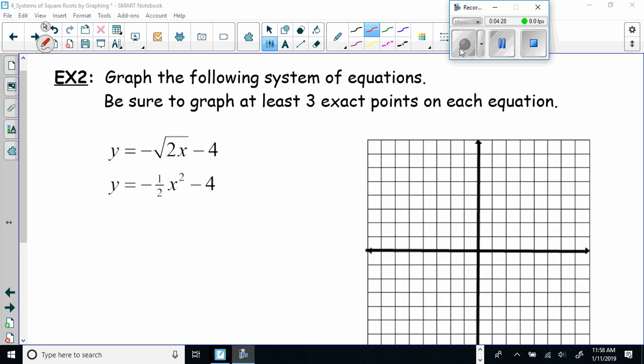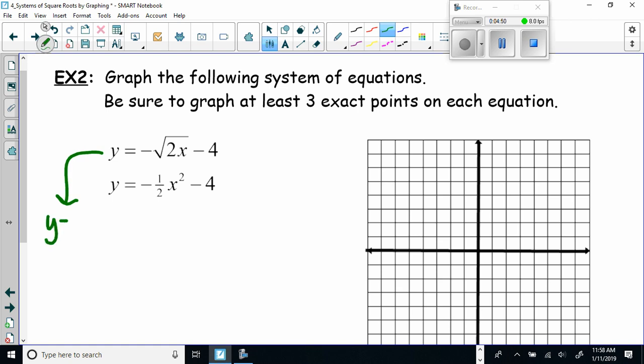All right, so here I'm looking at a square root function and a quadratic. Oh, we have to remember how to graph quadratics. That's okay, because I still know the counting scheme is just the opposite of square root. So I'll be okay. All right, so let's start with that square root first.